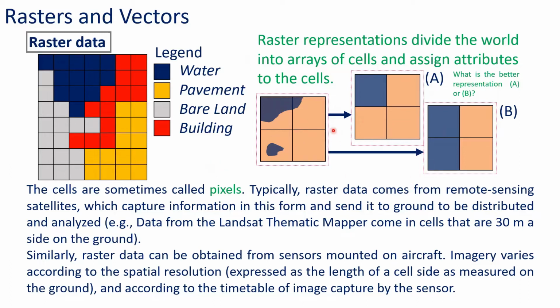We can represent this in two ways, A and B. In A, you have a single pixel showing the water area and other pixels showing the bare land. In B, you have two pixels showing water and then two pixels showing land.